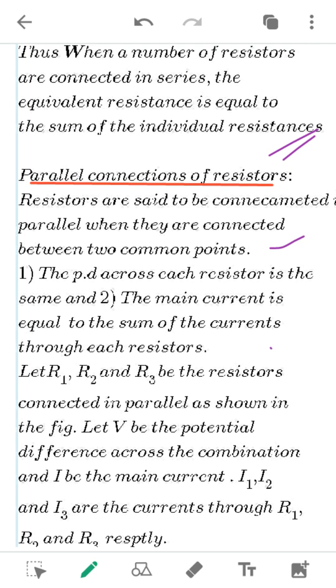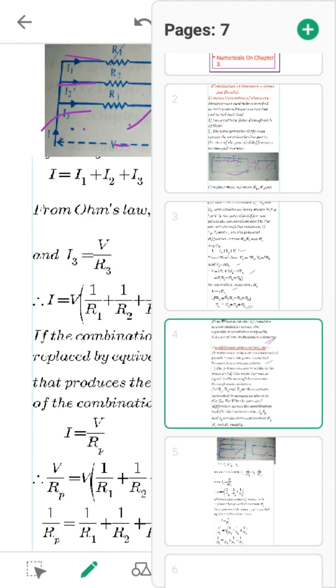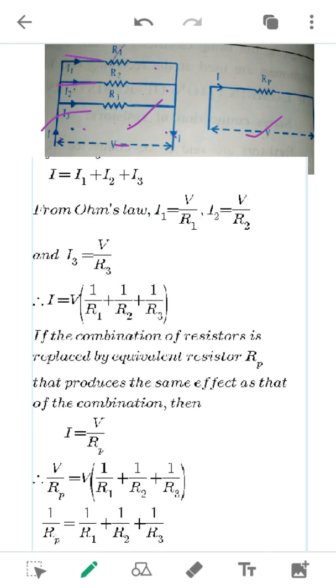Let V be the potential difference across the combination, and I be the main current. I1, I2 and I3 are the currents through R1, R2 and R3 respectively. I have told you the main current is branched here. Therefore I equal to I1 plus I2 plus I3. From Ohm's law, I equal to the ratio of potential difference and resistance.